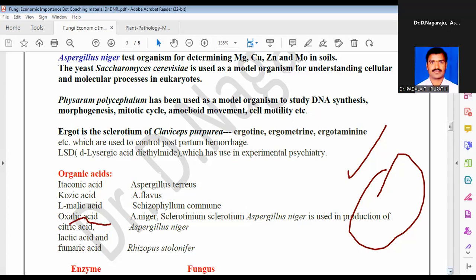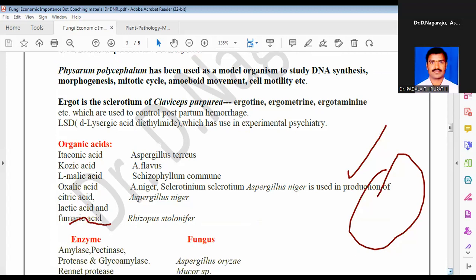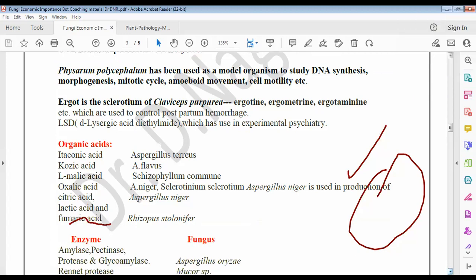And so many organic acids, like citric acid and vinegar. Citric acid is used in so many food products, and vinegar is prepared from Aspergillus niger. Citric acid is prepared using Aspergillus, Rhizopus, Saccharomyces.